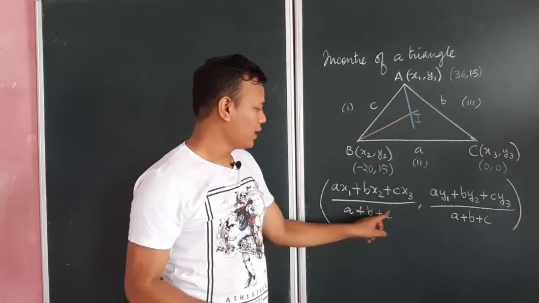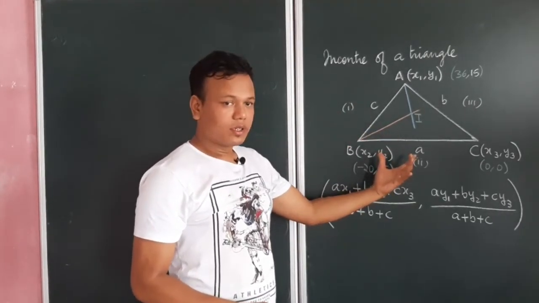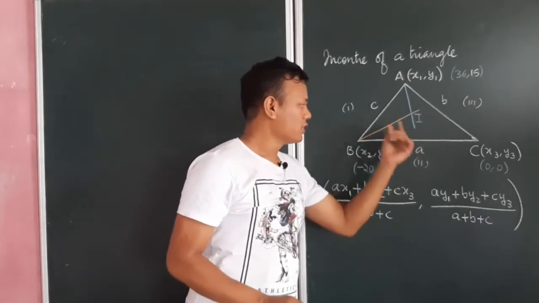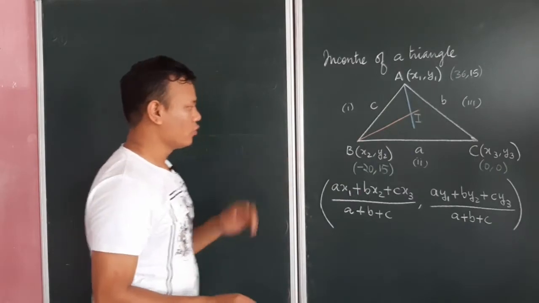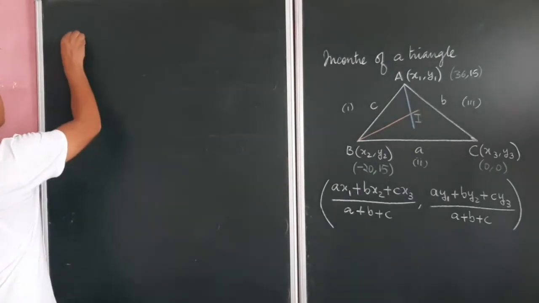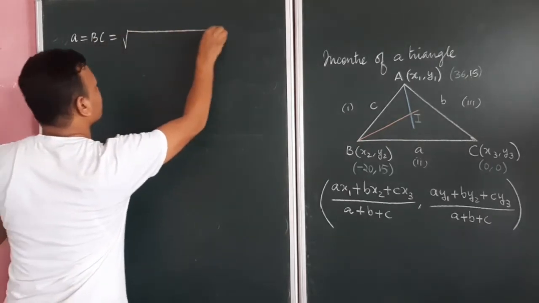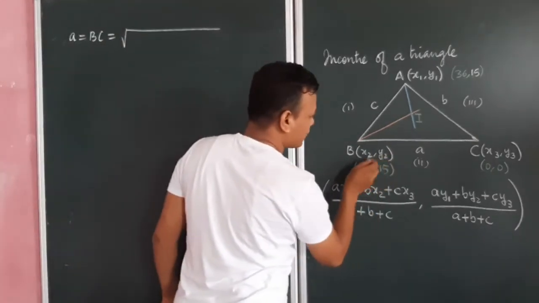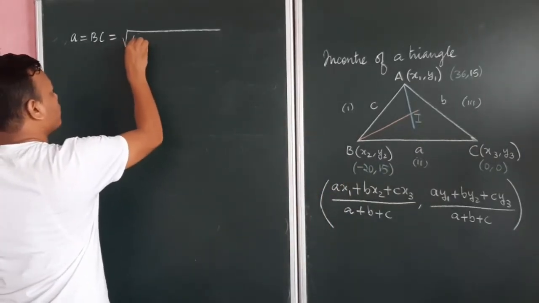See, after finding this, in order to make use of this particular formula, what do we need? We need A, B and C as well. Now what are A, B and C? You can clearly see from the figure, A is the length of BC, isn't it? So A will be equal to BC. Using distance formula, we have x2 minus x1 whole square. So you can call this x1 y1, this x2 y2.